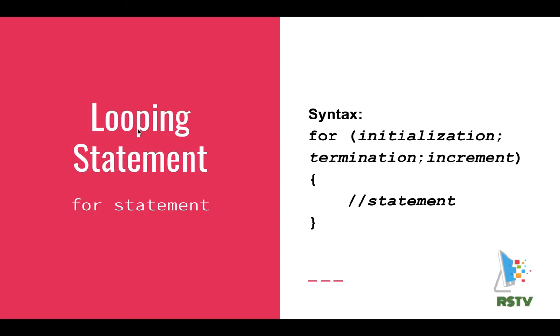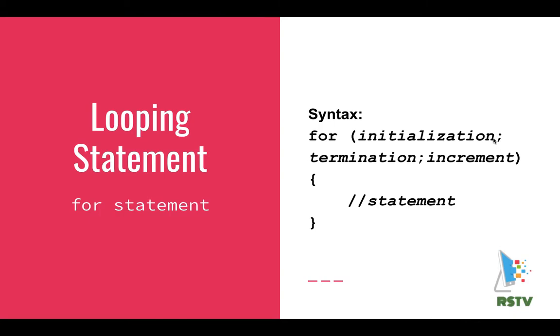First we'll go for the first looping statement, the for statement. It provides a compact way to iterate over a range of values. See the syntax, we'll declare it like this. The first place is the initialization part, next the termination part, and then the increment part.